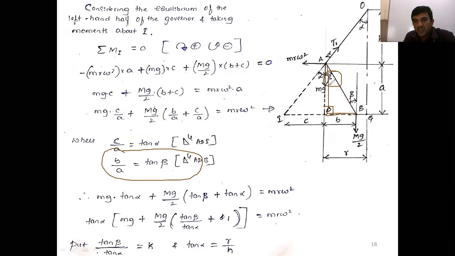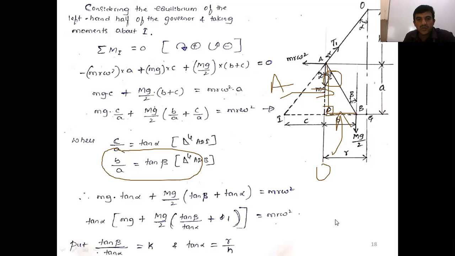The side opposite to the angle beta is this opposite side, and this will be the adjacent side. B is the opposite side divided by A, the adjacent side. Opposite by adjacent, again you will get tan beta by considering the right angle triangle ADB.